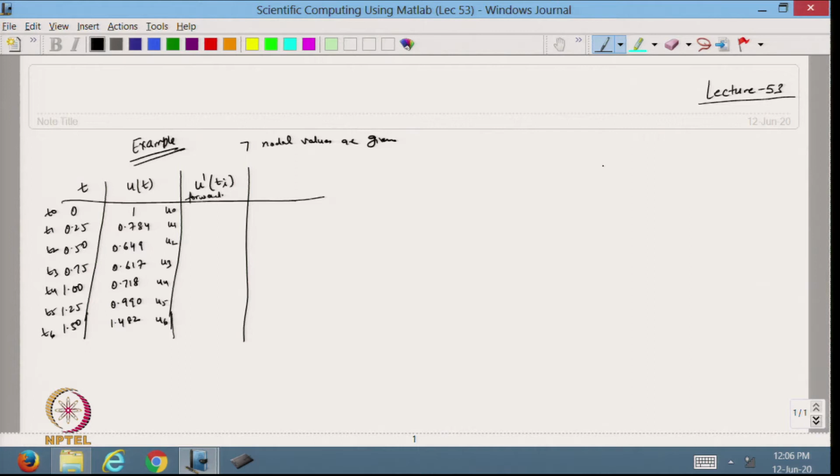I know that for the forward, u dash at ti will be u at ti plus h minus u at ti, divided by h. It is equispaced data, so my h is 0.25.